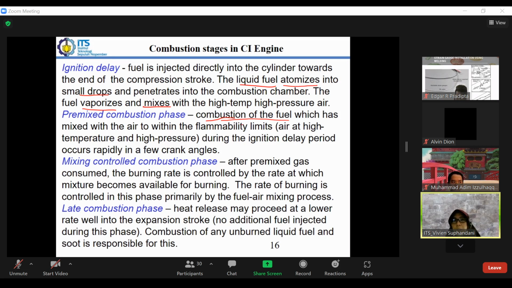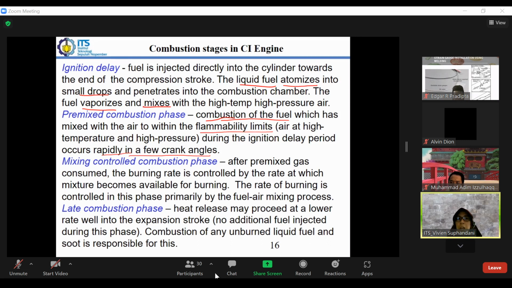So this is the combustion of the fuel which has mixed with the air to within the flammability limits, at high pressure and high temperature during the ignition delay period. It occurs rapidly, in a few crank angles. So this is the premix combustion phase.